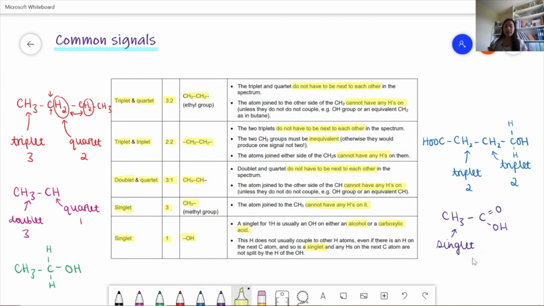This hydrogen here is going to be a singlet peak because it's not attached to a carbon directly, and so we don't have an adjacent carbon, and so nothing will affect this peak. And the relative intensity will be 1 because we've only got one hydrogen. So this is actually one of the easiest ones to recognize because it'll always form a singlet peak with a relative intensity of 1.